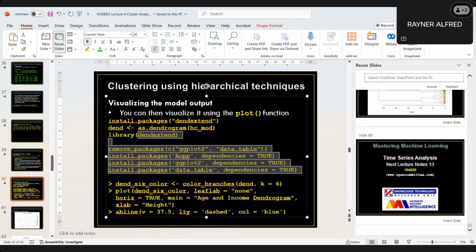Sometimes there will be an error because the library is no longer there. So this is installing the dendextend, and then installing the necessary files for plotting.